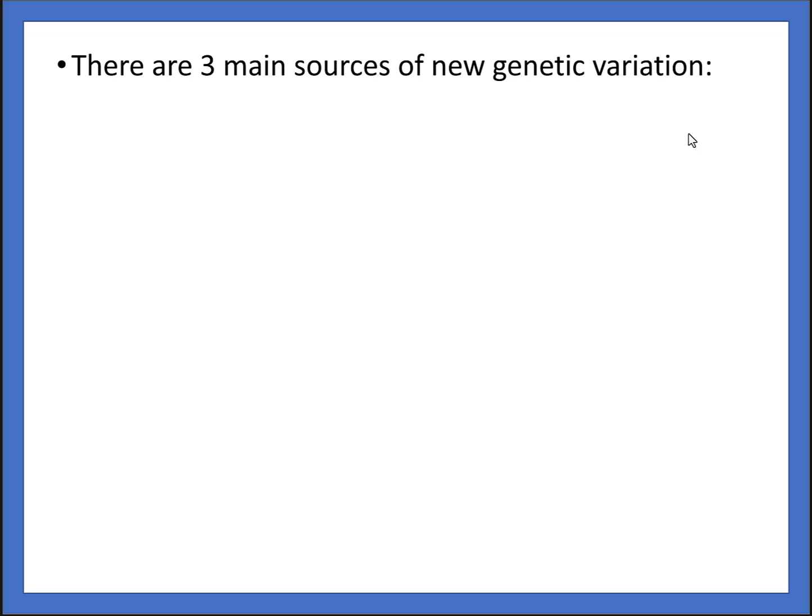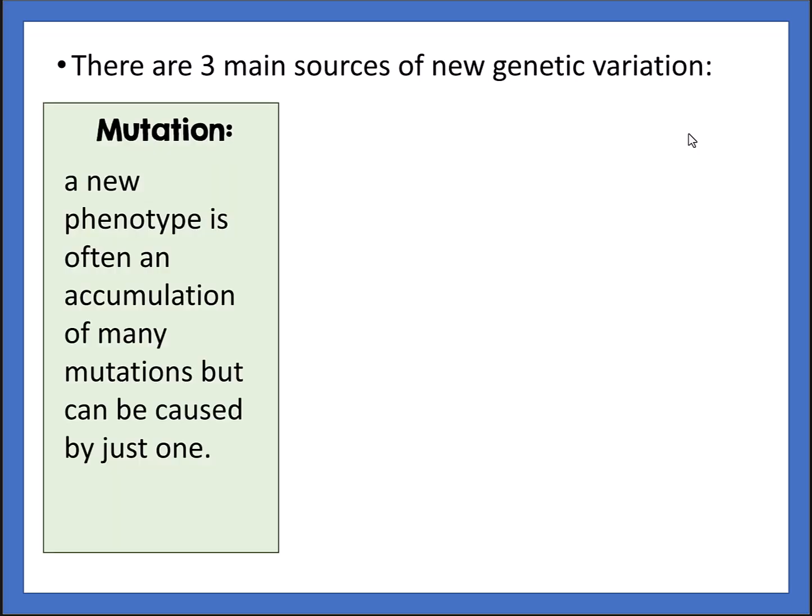And there are three main sources of new genetic variation. First, genetic variation can be caused by mutations, in which a new phenotype is an accumulation of many mutations, but it can be caused by just one.